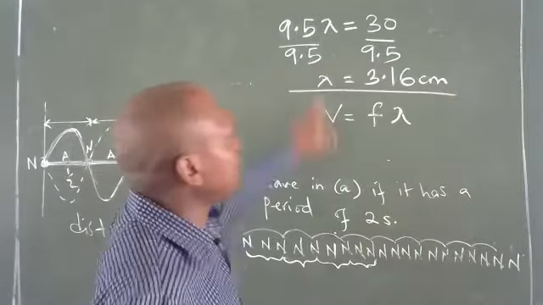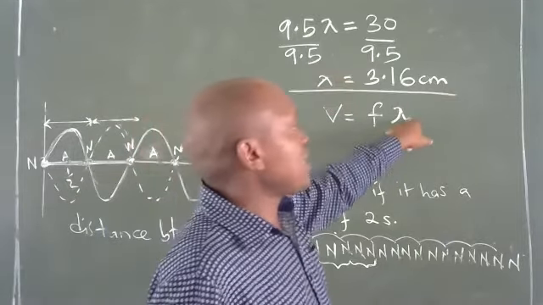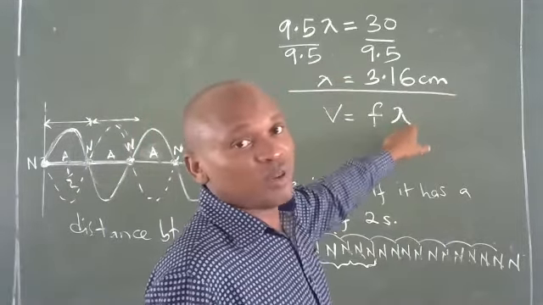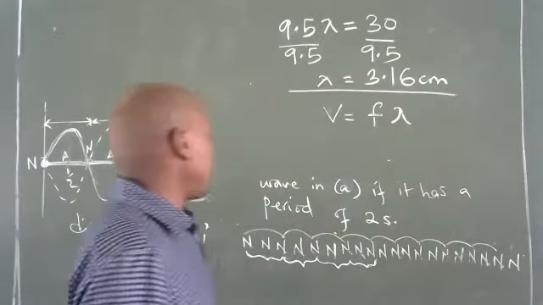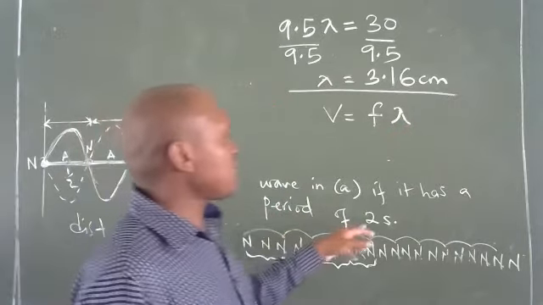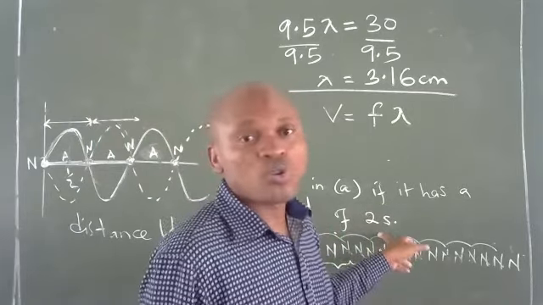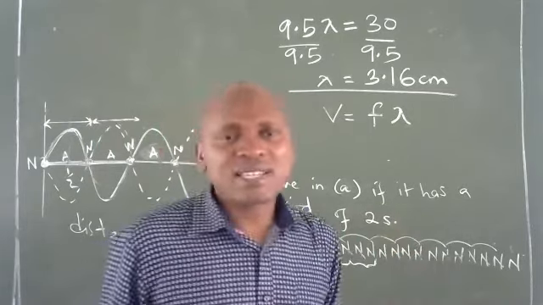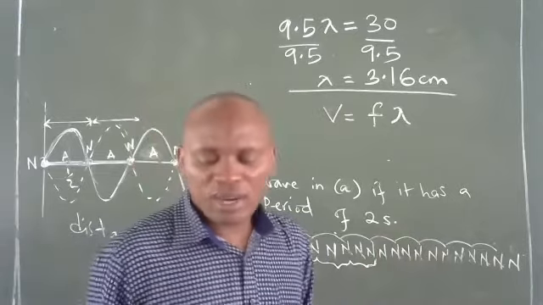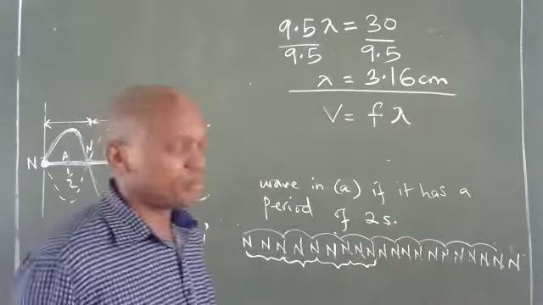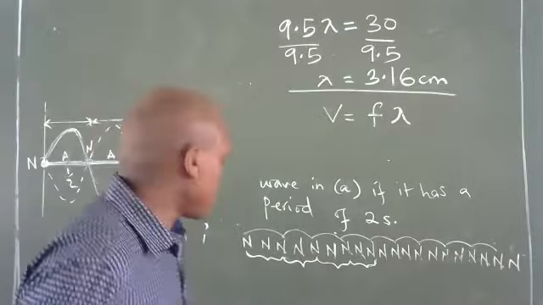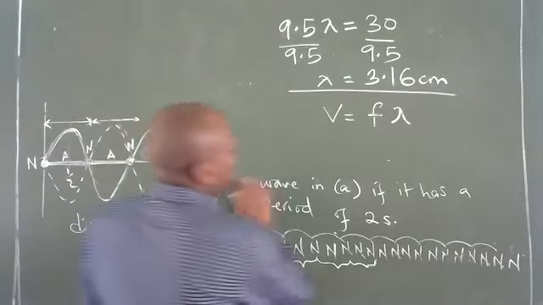When you check, part A has given us the wavelength. And in their question, they are telling us the wave has a period of 2 seconds. What does this 2 seconds help us with in this question? The frequency.